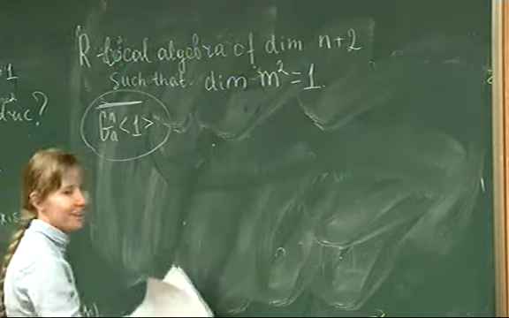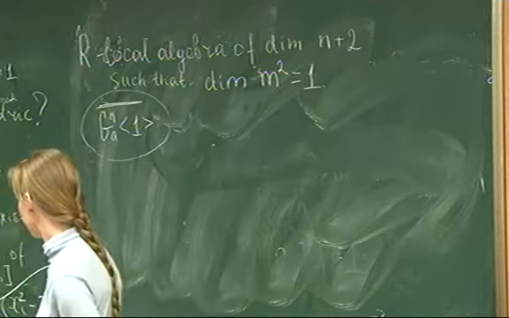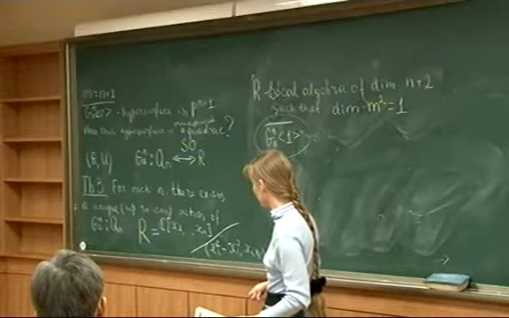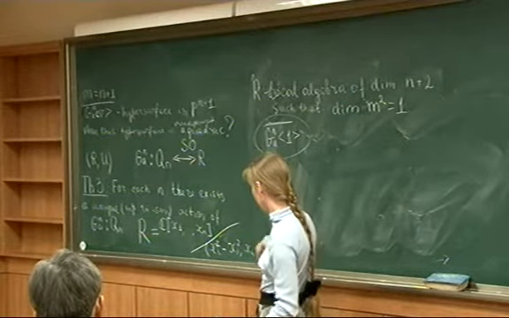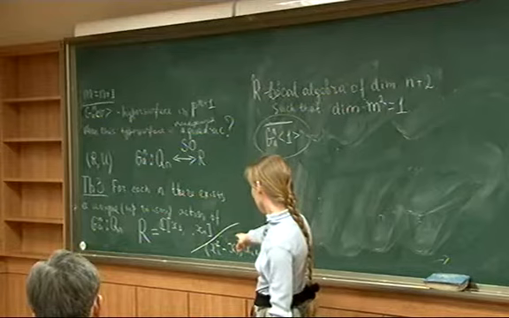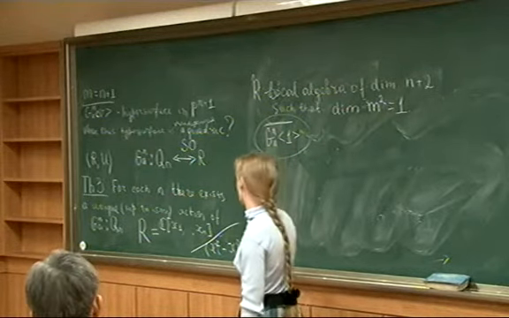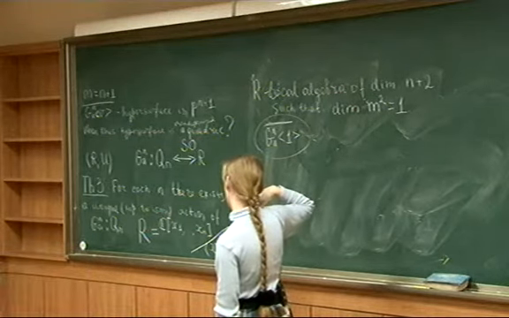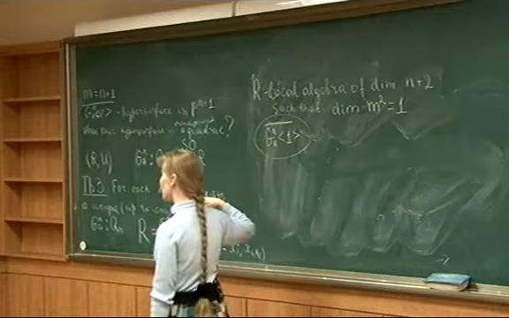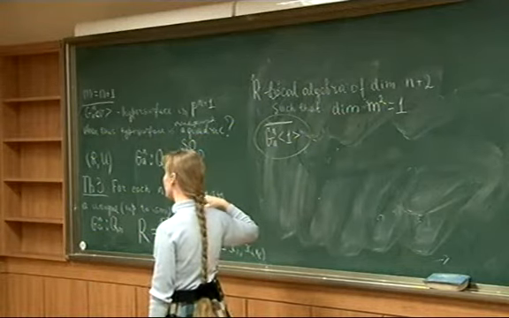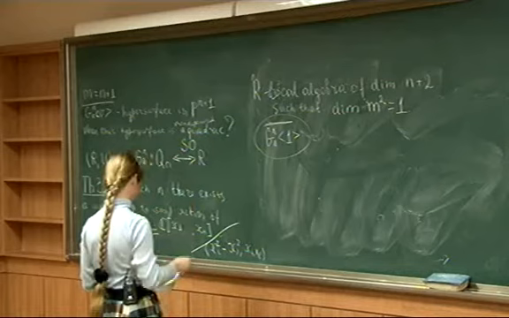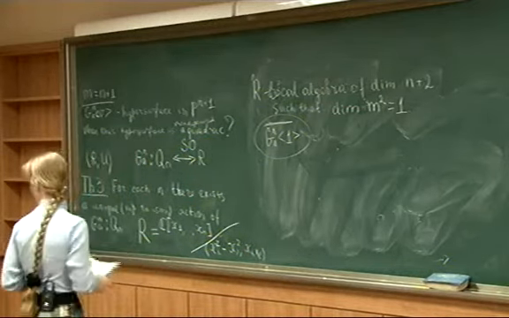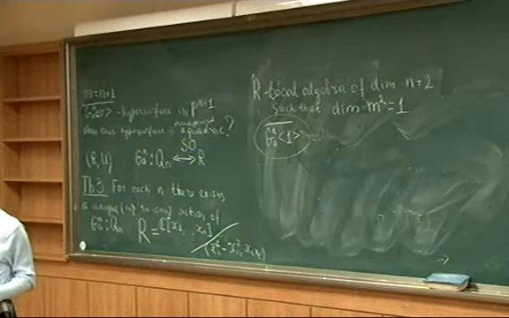What is the equation? Sorry? The orbit, when it is a quadric. What is the quadric? I need to think for a moment. Something very, very easy.